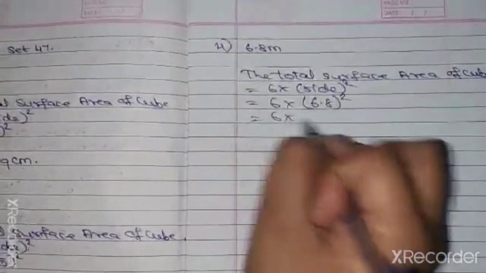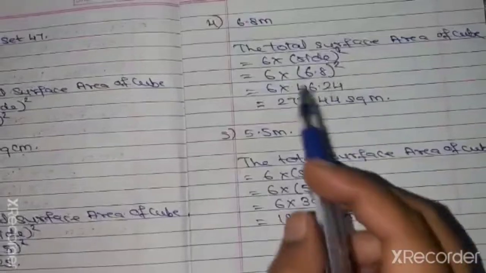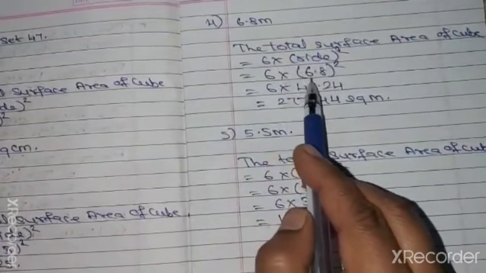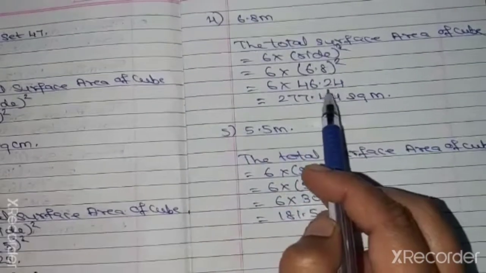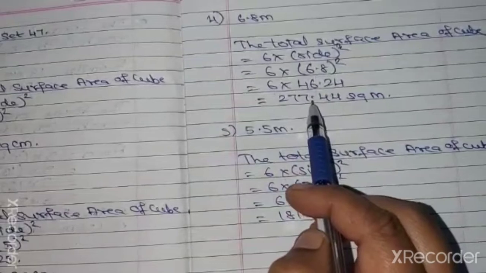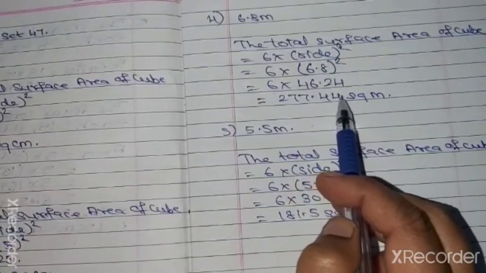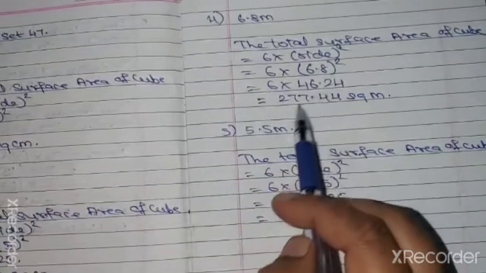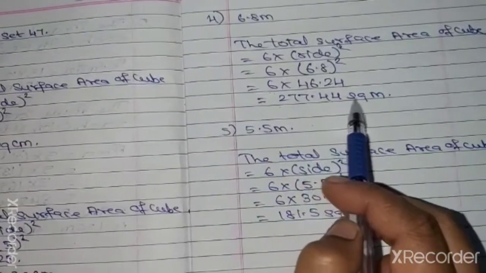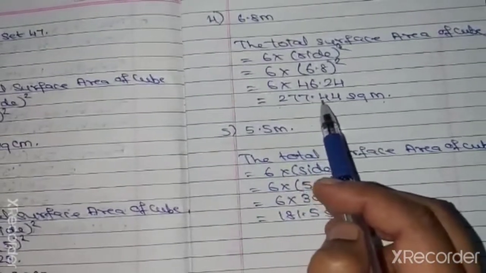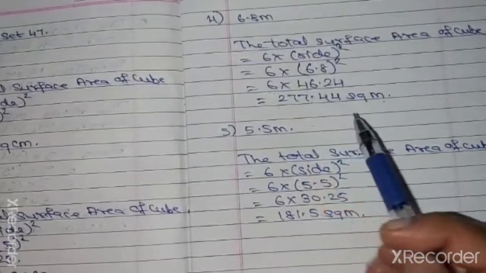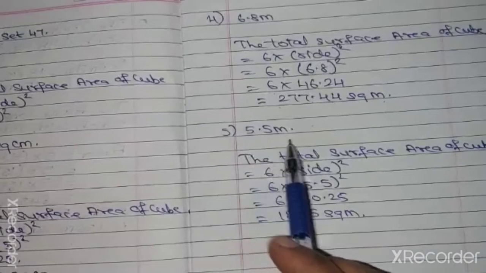So 6 multiplied by 6.8 the whole square. So 6 multiplied by 6.8 multiplied by 6.8 will give you how much? 646.24. So multiply these two, you will get 2277.44 square meter. After the decimal point, we say 44. Okay. Next sum, 5.5 meter.